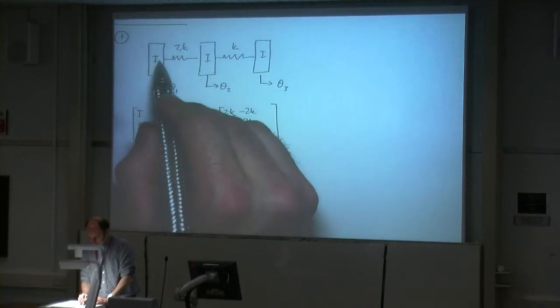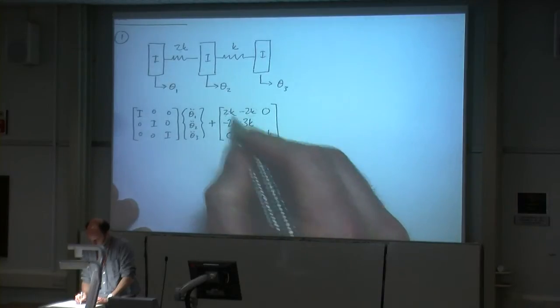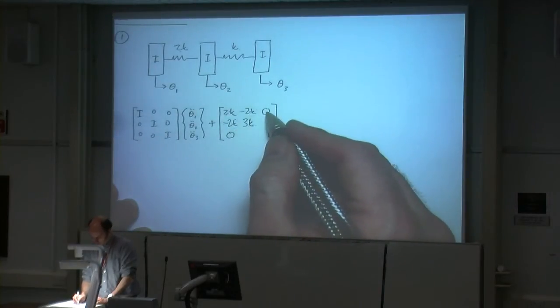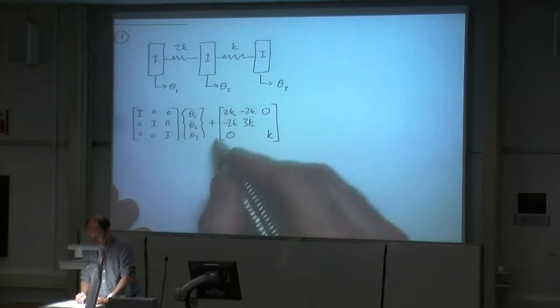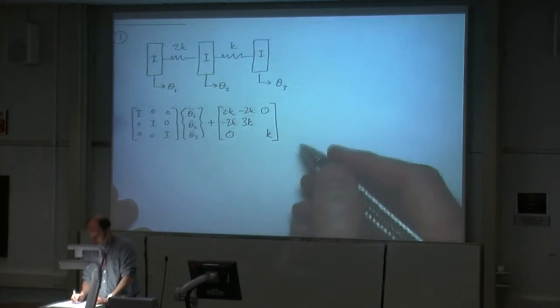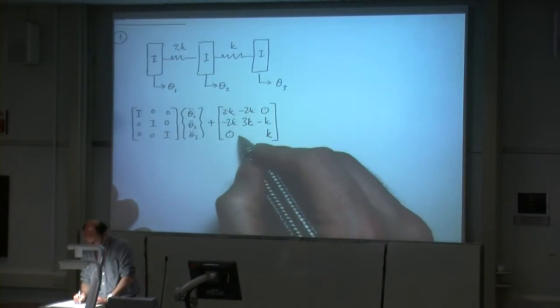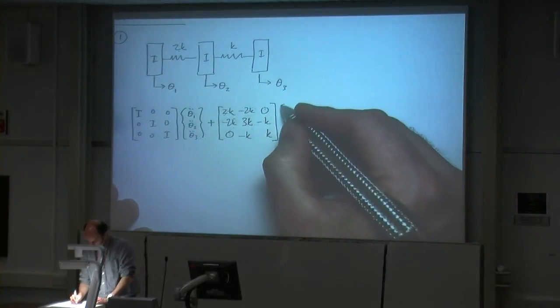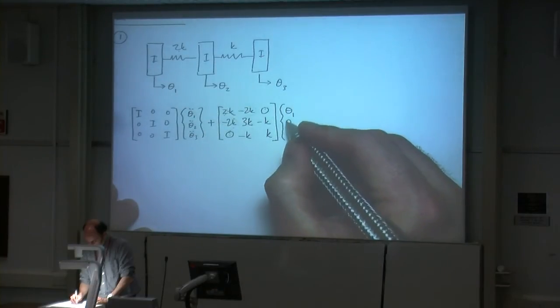There is no spring connecting mass 1 to mass 3, so we have 0 here and 0 here. Third column, first row, and third row, first column, 3 and 1. Can somebody tell me what goes in these slots here? Minus K, exactly. Minus the sum of the springs connecting 2 and 3, so K and minus K. And that's multiplied by the angular displacement.